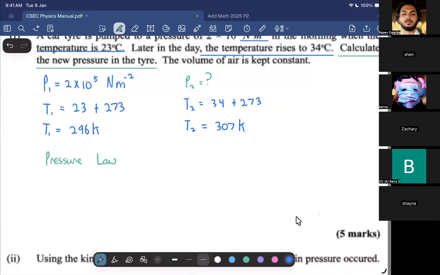Okay, I hear what you're saying, but I want the formula. So P1 over T1 is equal to P2 over T2. And would you guys say that these two are inversely proportional or directly proportional?